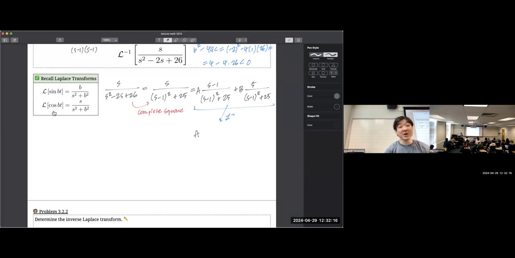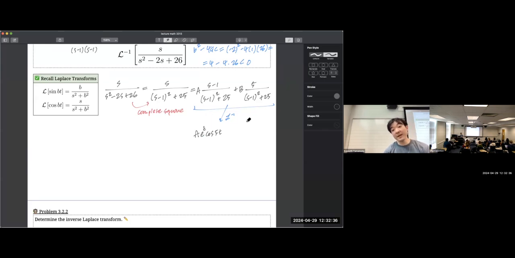It's like this cosine with B equal to 5, but it's been shifted, so it'll be e raised to something times cosine 5t. The shift was, the c was 1, so it'd be e to the t.